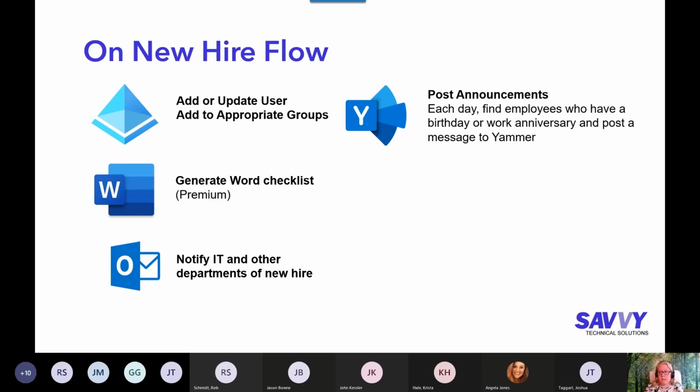And then finally, there is a separate workflow. At the company I was doing this for, every year on the anniversary of their new hire date, it would say, please wish this person a happy 5th anniversary or whatever, or on their birthday, it would say happy birthday.